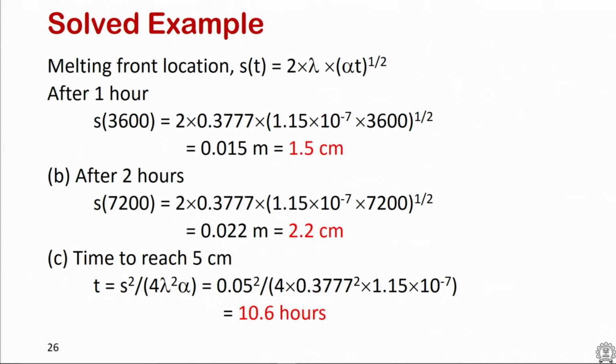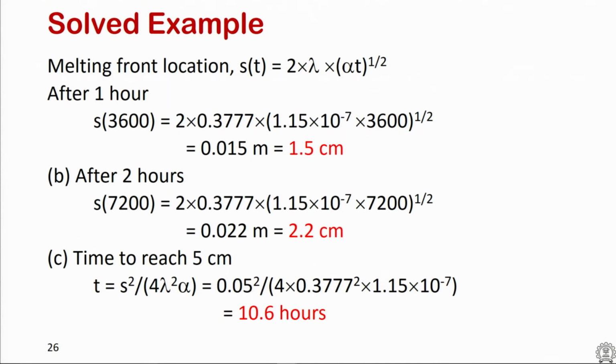Alpha is 1.15 times 10 power minus 7, times the time. Since we are interested in 1 hour, it is 60 times 60, which is 3600 seconds. So, the square root of alpha t gives us 0.01, and 2 lambda times square root of alpha t gives us 1.5 centimeters. After 1 hour of heating, it has melted only 1.5 centimeters.